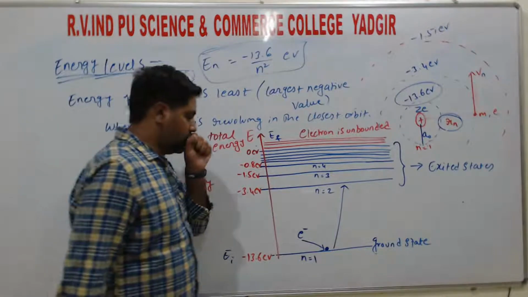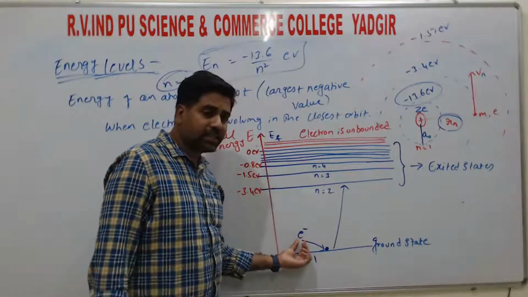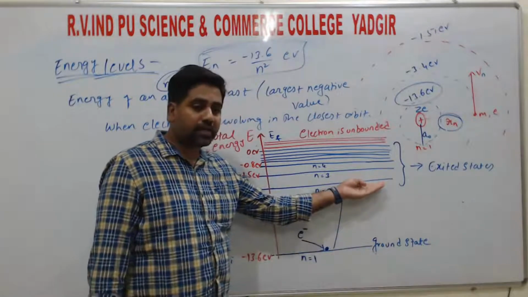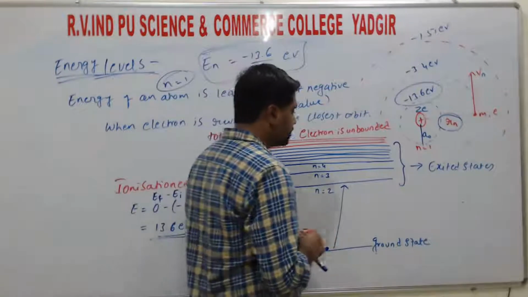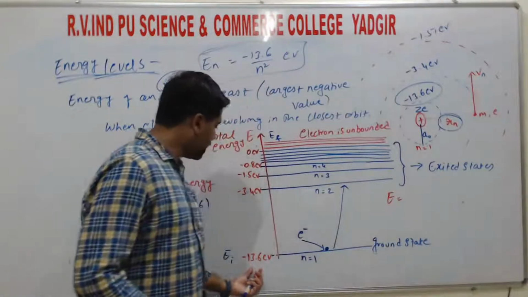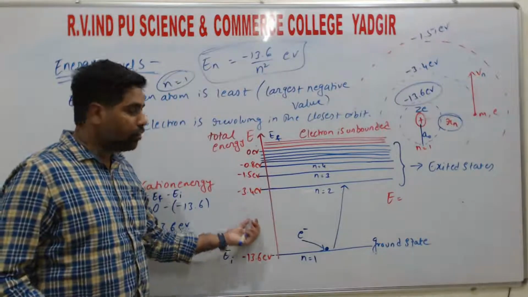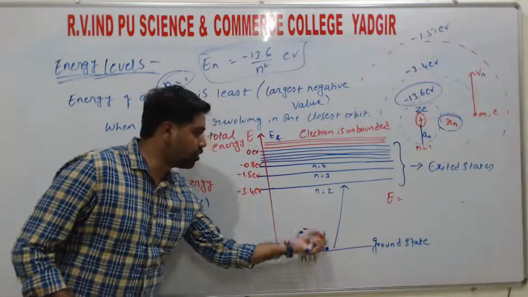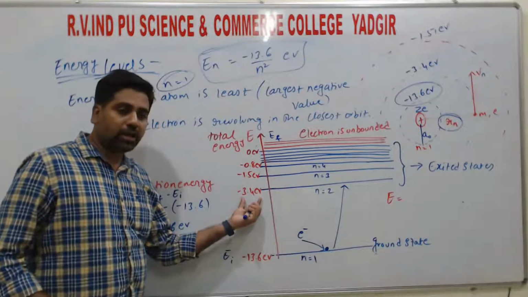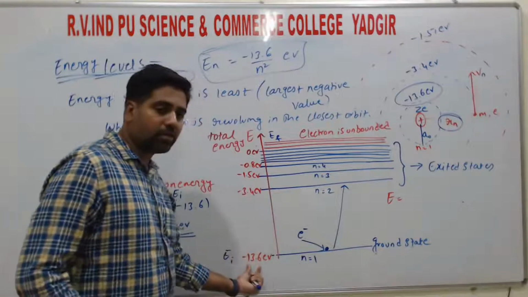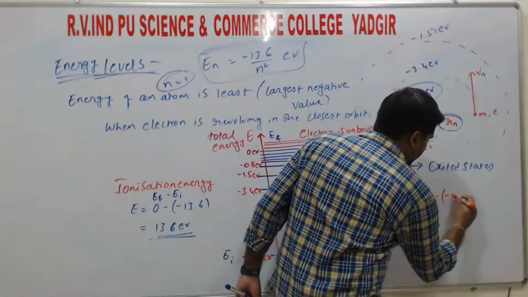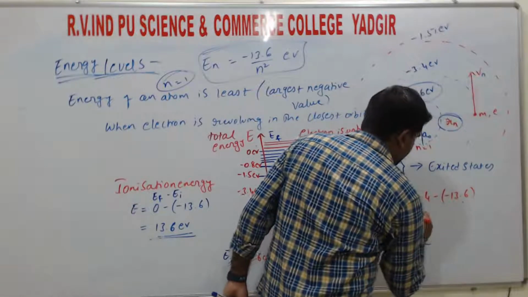So how much energy is required to jump the electron from the ground state to the first excited state? That energy E equals EF minus EI. Here the value EF is minus 3.4 minus of minus 13.6.